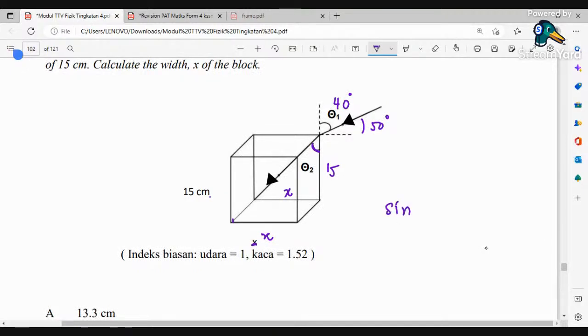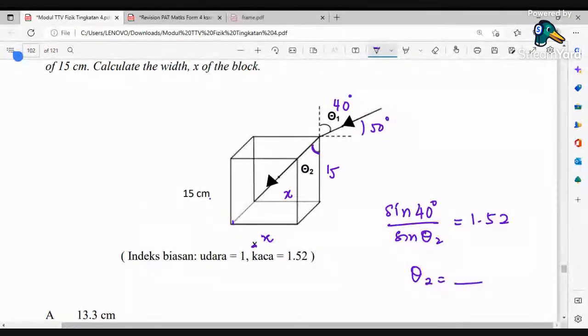Sine 40 over sine theta 2 equals to 1.52. Find theta 2 dulu. What is the answer?